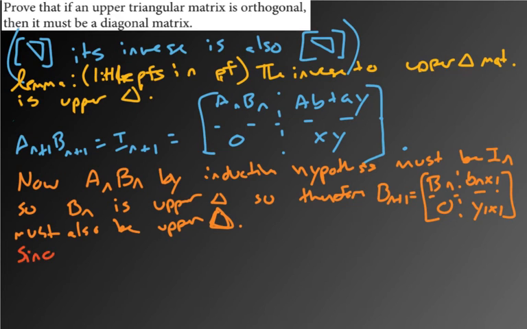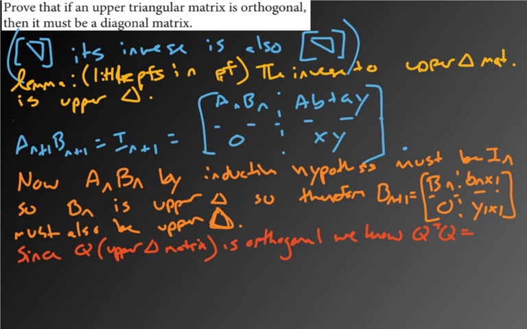So now I'm going to go back to the original problem. Since Q is orthogonal, I'm going to let Q be my upper triangular matrix. I guess I never labeled it up there. Since Q is orthogonal, we know Q^T Q equals the n by n identity, and that's just because it's square.